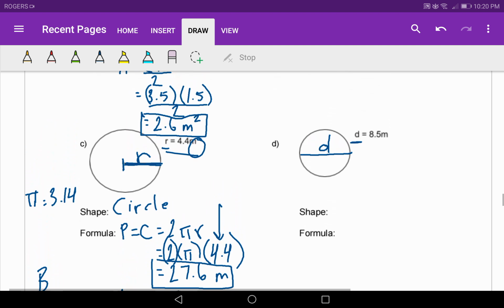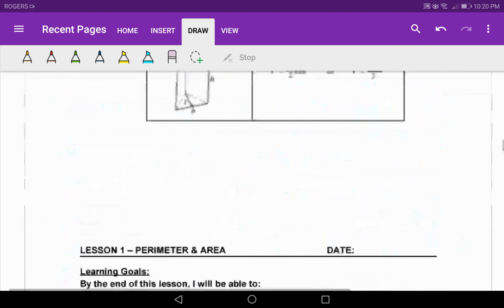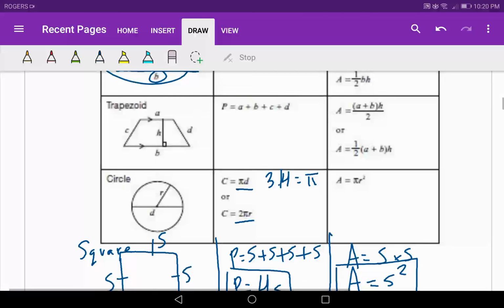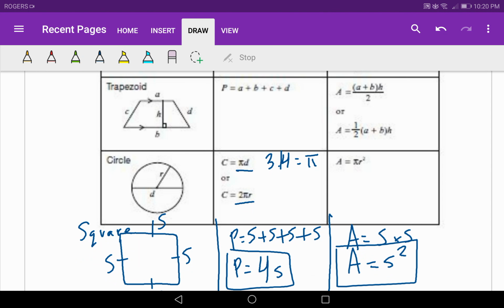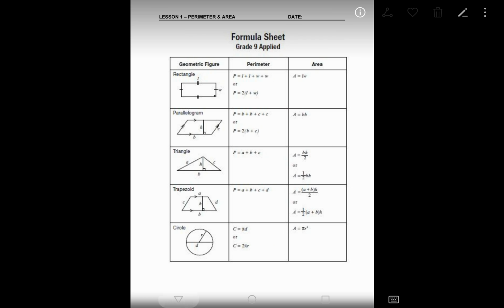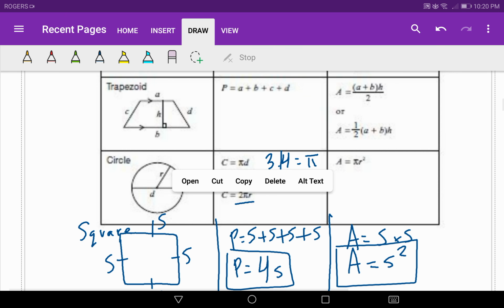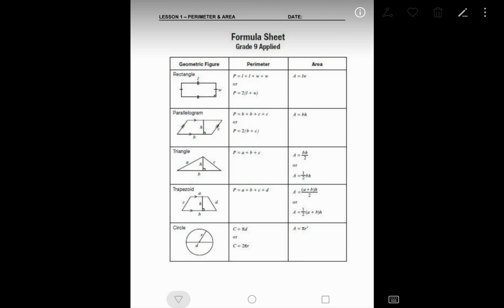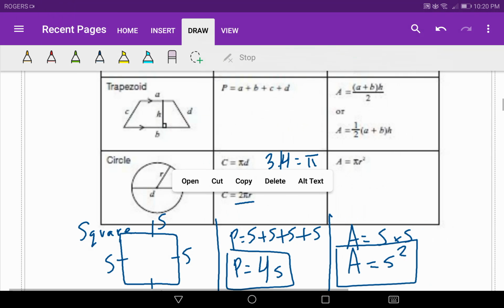Okay, so that's if you're dealing with radius. If you notice, this circle deals with diameter, and that's okay. There's a separate set of formulas where you can use pi times diameter instead of 2 times pi times r.